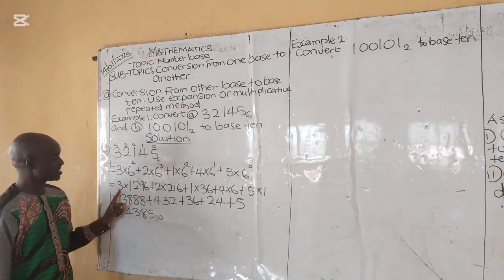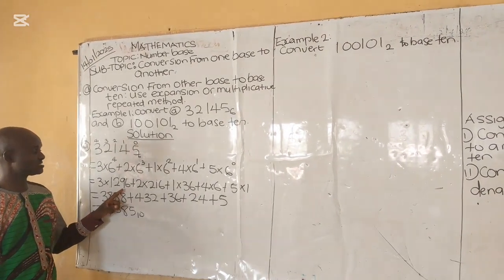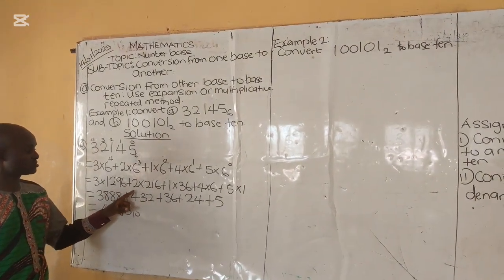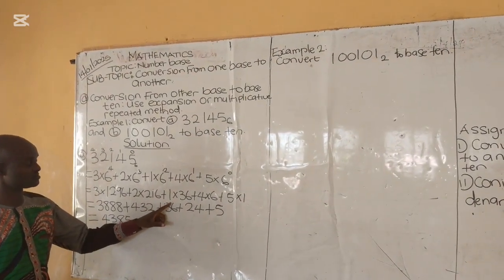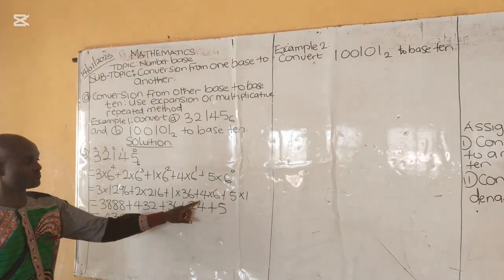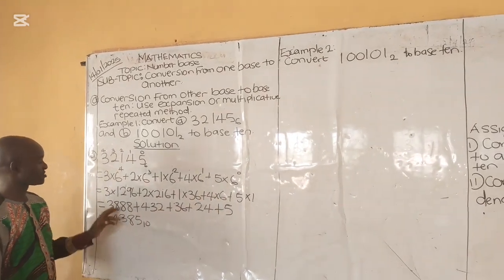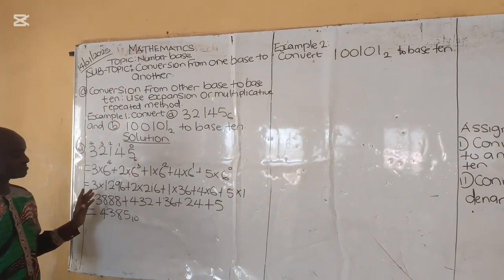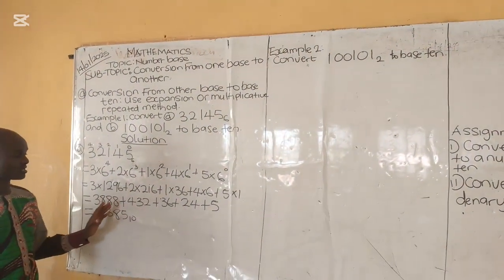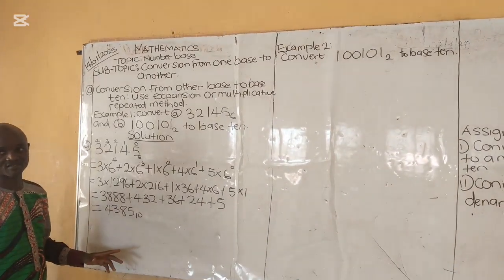That is 3 times 1296 plus 2 times 216 plus 1 times 36 plus 4 times 6 plus 5 times 1. So we multiply each of them. You can use your calculator to do that, and we can do that manually.